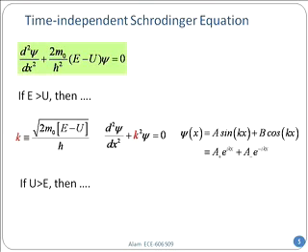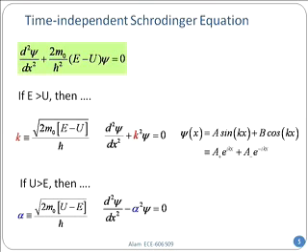Now, on the other hand, if the potential U is larger than the energy, and I'll show you an example of how to use it, in that case, you immediately realize, looking at the top equation in the green box, that the second term will become negative. We'll call that negative thing alpha squared, just a name.